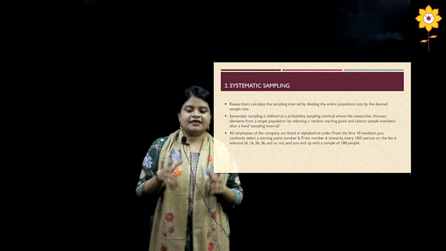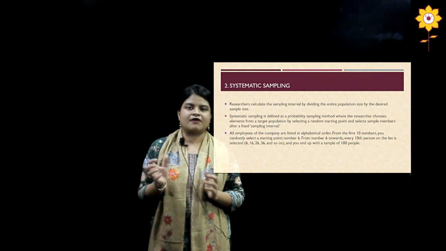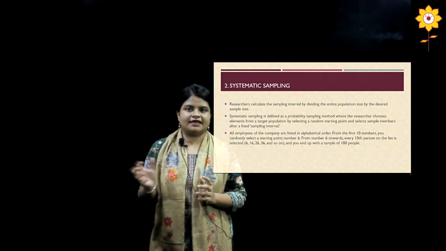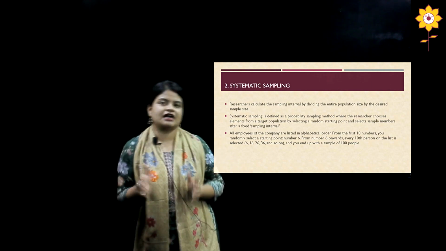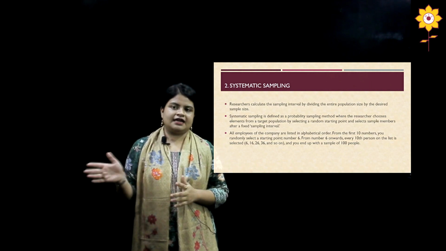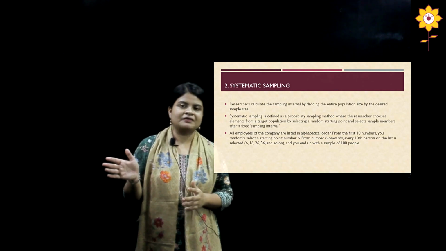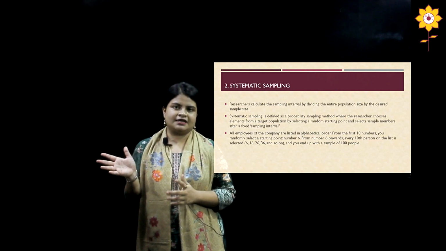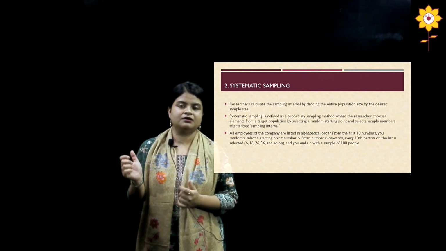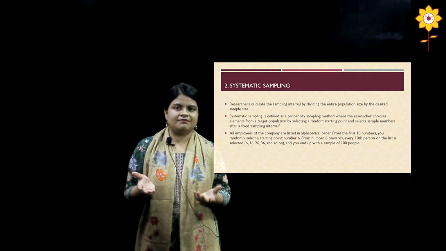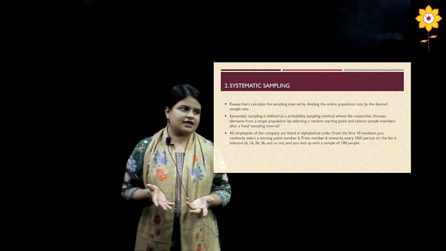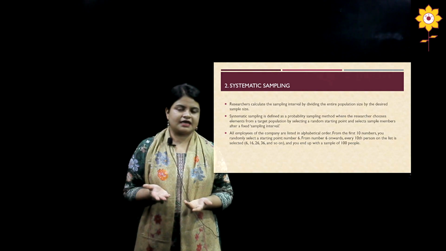The interval can be based on random selection by the researcher. He will set a starting point and an ending point. The ending point would be the last, that is, the 100 sample size number. Here the starting point can be, maybe, the number 6, as the example suggests.